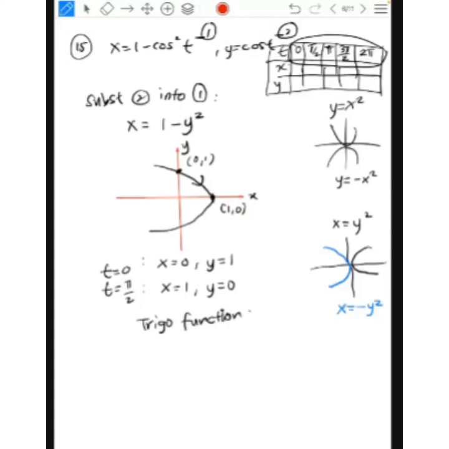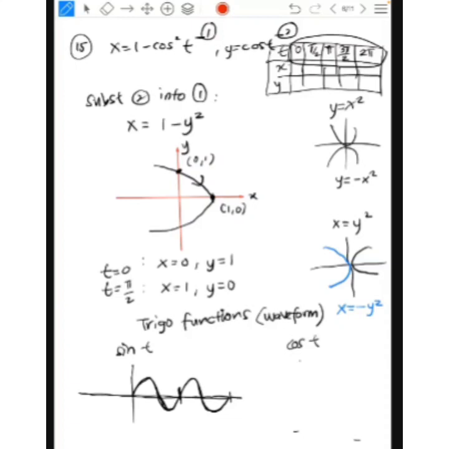Okay, so for any trigo functions, they are waveform kan, they are the waveform macam, let's say sine, this is the sine graph. Okay, at one part, it will goes back to, and then this is cos t. Okay, and then until 2 pi, dia akan patah balik.